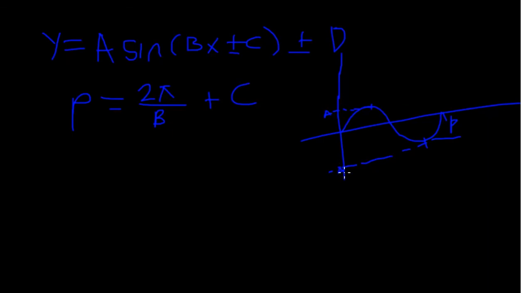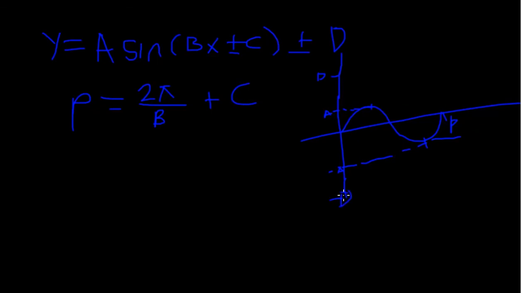And then amplitude is negative a and positive a. And then this d can be at any point. It can either be negative or positive, so it can either be here or there, or negative d.